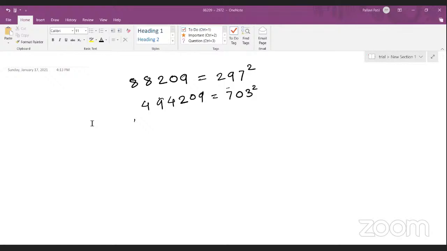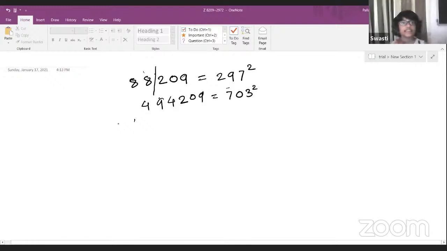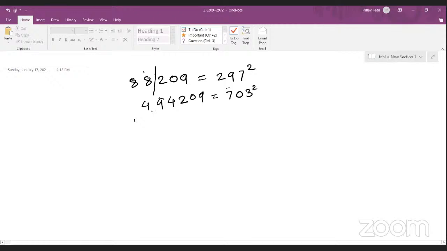So in this example, 88209 or any number which has an odd number of digits, how are you splitting it into two halves? 88 and 209. Is there a rule to split it, or can any two parts of it be added to give the sum? Any two parts. Okay. 297.